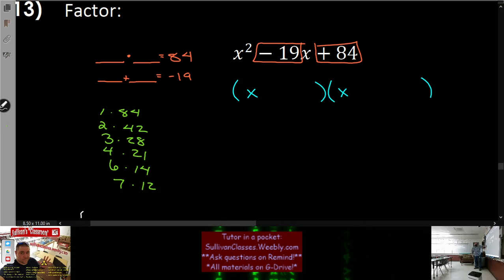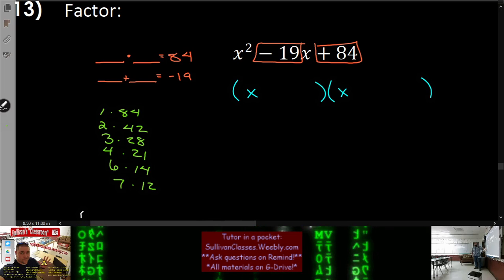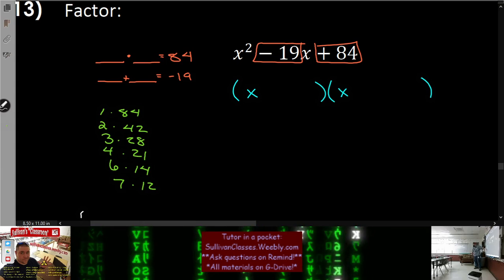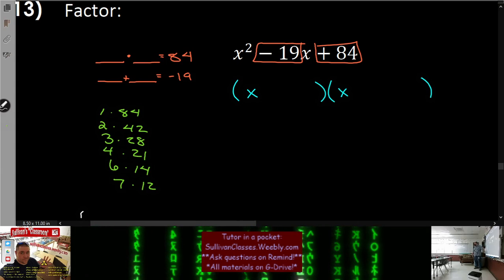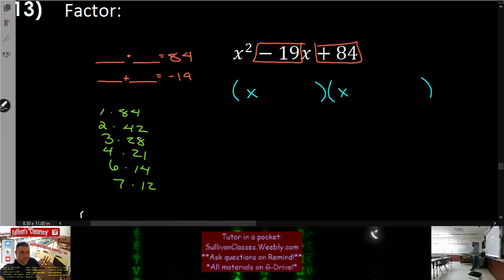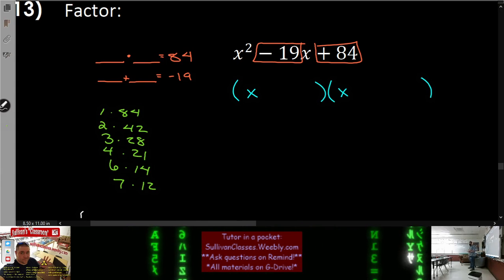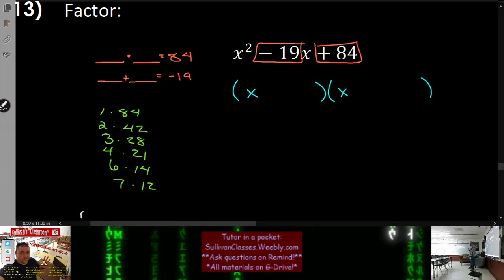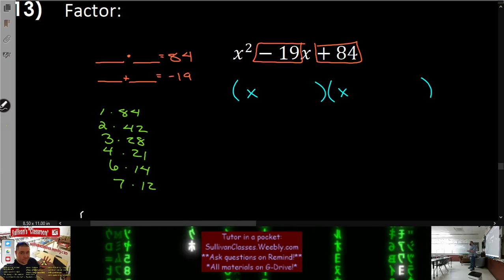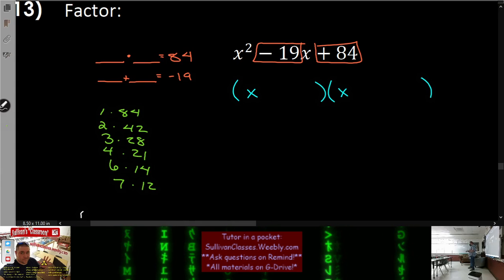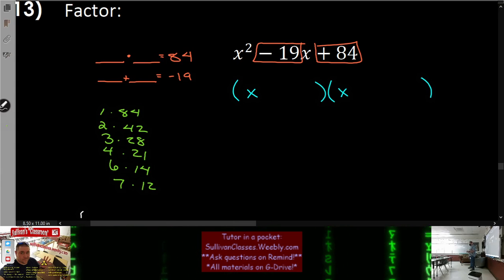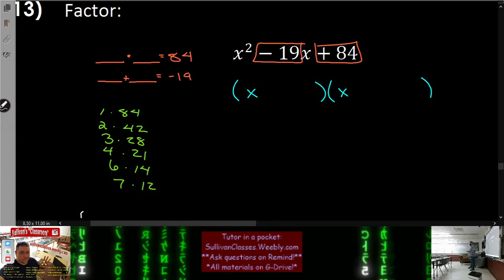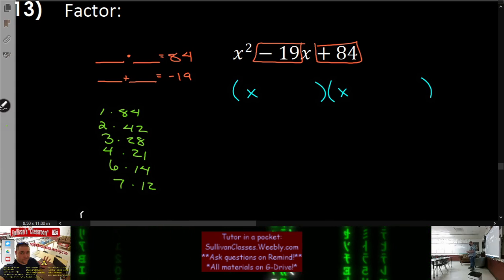If I go from 1 through 7, skipping 5 because it didn't work, after 7, if you've got a calculator, try 84 divided by 8. 10.5. Doesn't work. Try 9. No. Doesn't work. Try 10. Doesn't work.